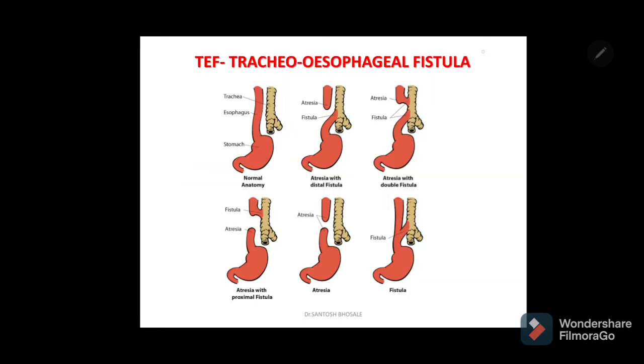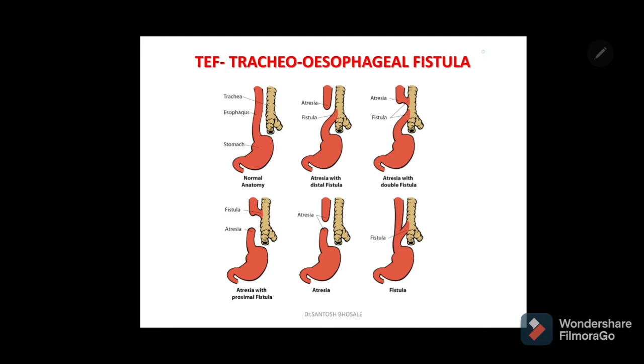So coming to the abnormalities in the development of the esophagus. If there is an improper separation between the trachea and developing esophagus, it results in communication between the two pipes, that is called a fistula. A fistula is an abnormal epithelial-lined connection between two tubes or cavities.